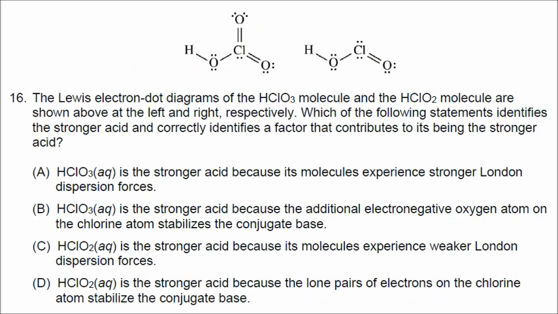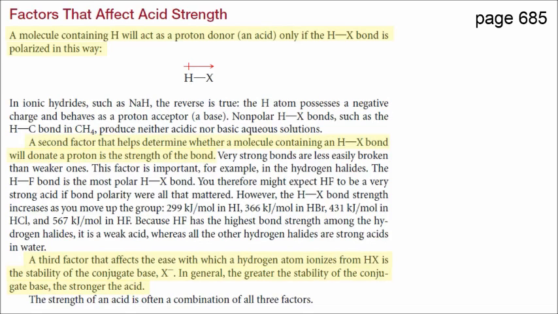And now on to number 16. We have two different Lewis electron dot diagrams, and we're looking at the difference between HClO3 and HClO2. On page 685, they talk about a variety of factors affecting the acid strength, including the polarity of the bond, the bond energy, as well as the general stabilization of the conjugate base.